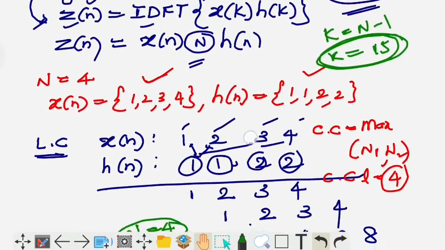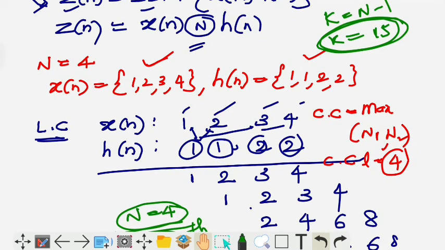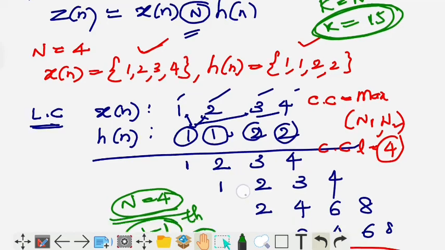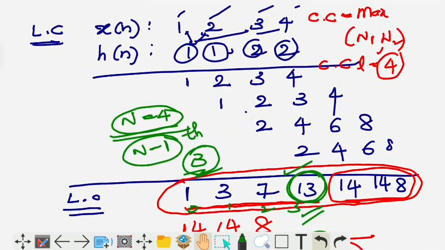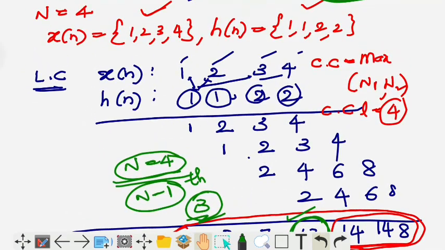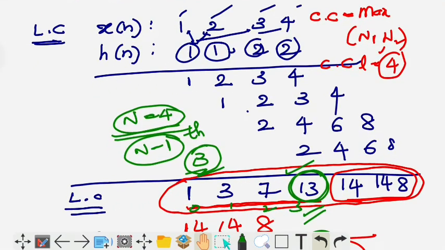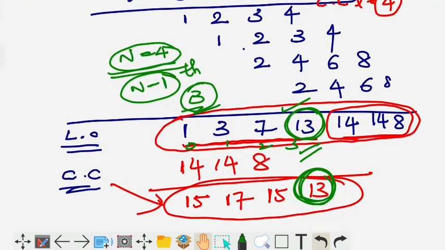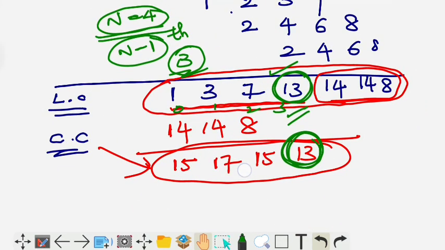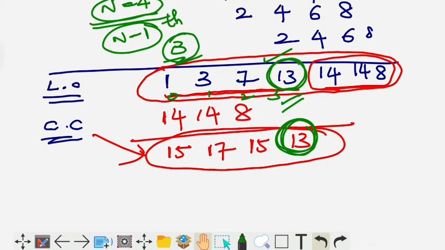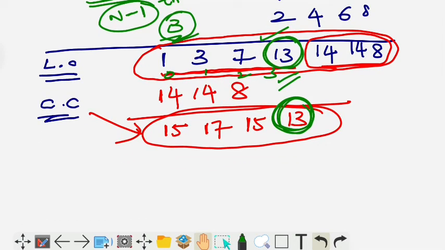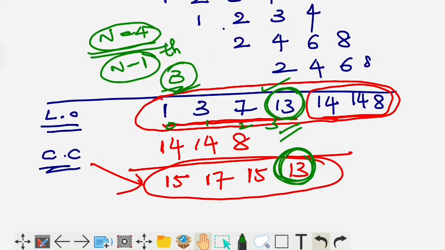For simplicity, we took one example considering x of n and h of n as sequences of length 4. We performed the linear convolution by the sum by column method, and then we also found the circular convolution. We found that at the n minus 1th place, the linear convolution and circular convolution have the same value.